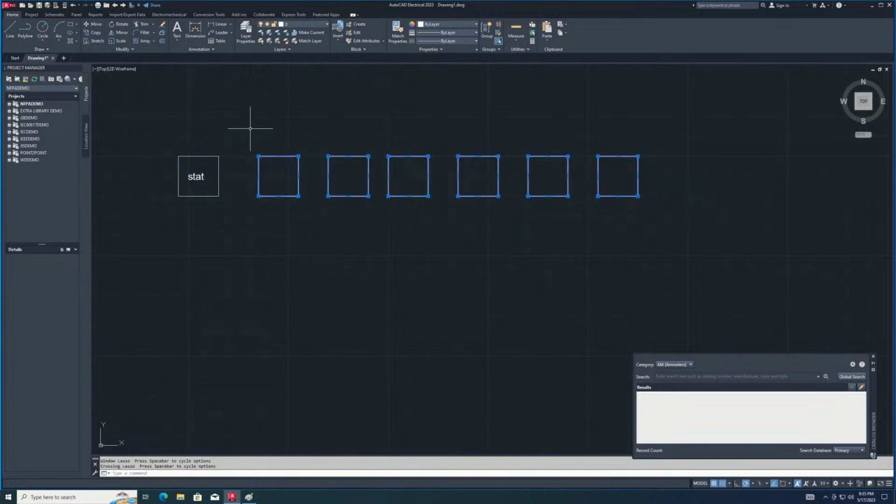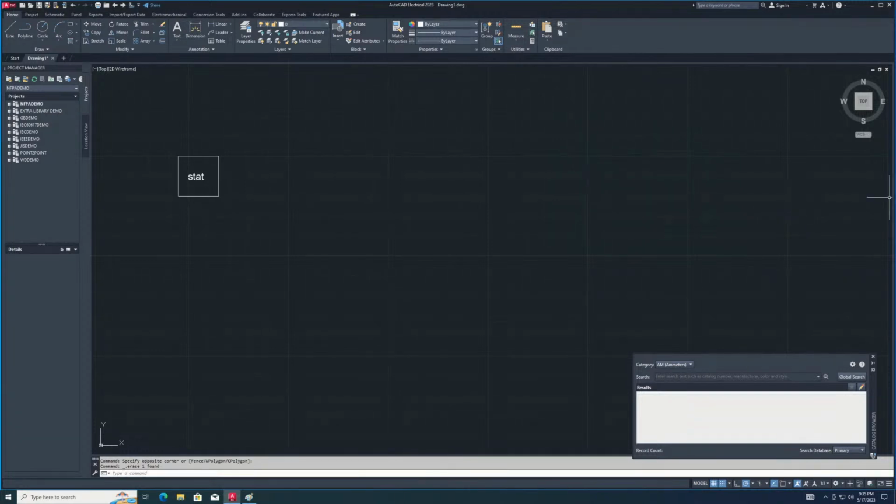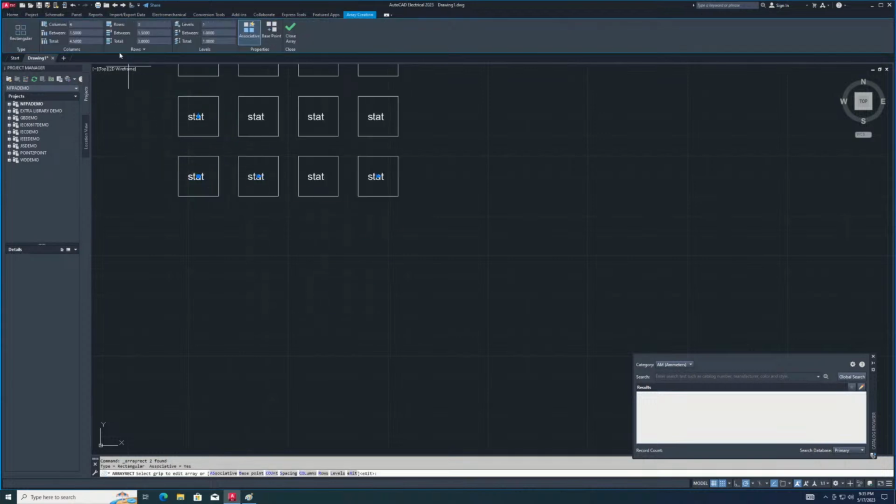Let's go. Looking good. One row with 7 of them, and I'll just get 5.